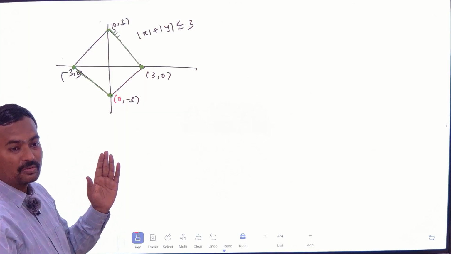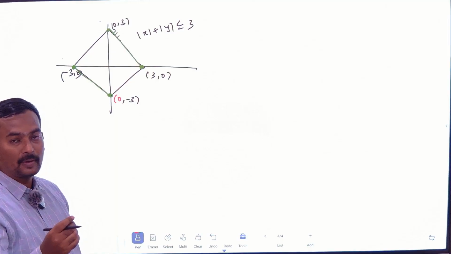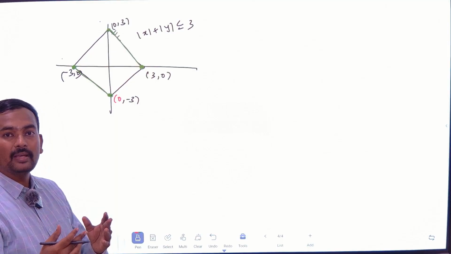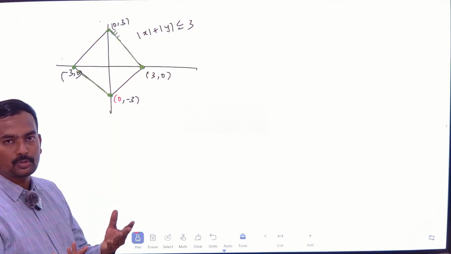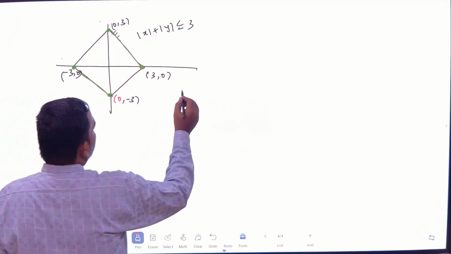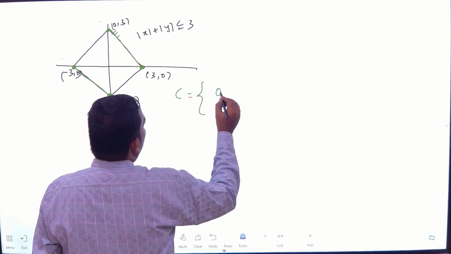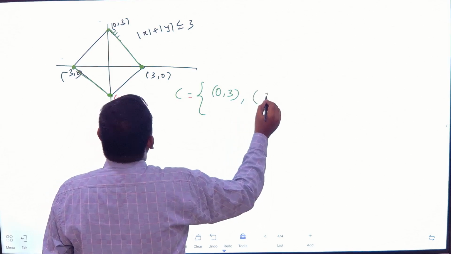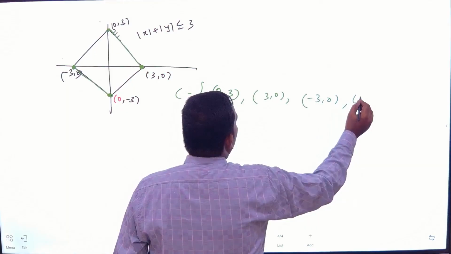This is your collection of set C, right, because the collection of C is what? Collection of all x comma y belonging to the intersection of A and B. Either one of them should be 0, right. Therefore, C would be these common points: 0 comma 3, 3 comma 0, minus 3 comma 0 and 0 comma minus 3.